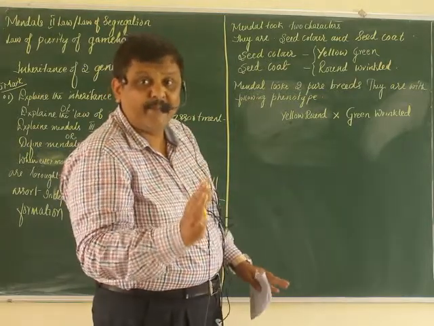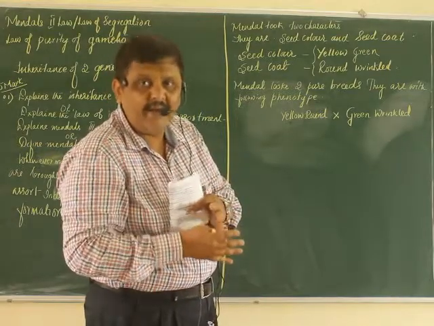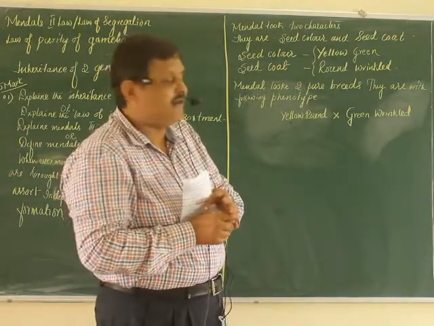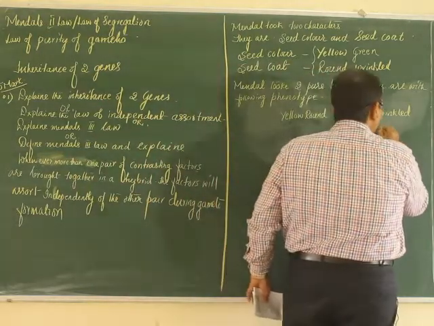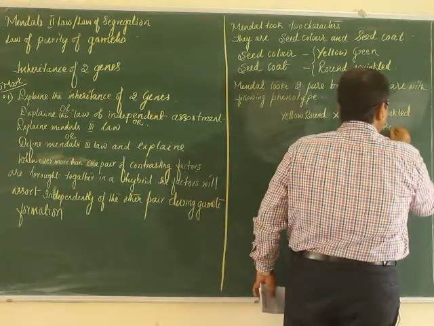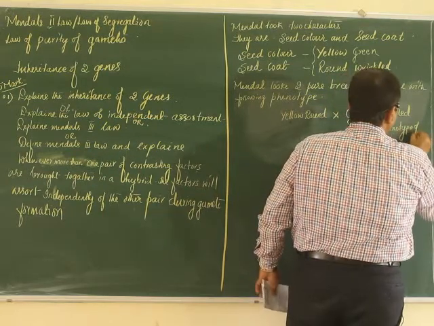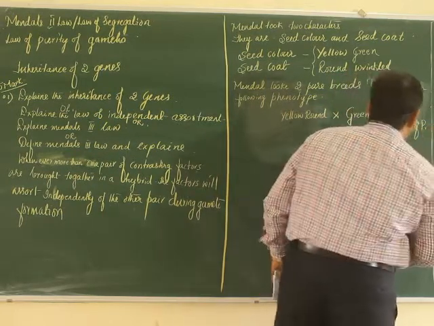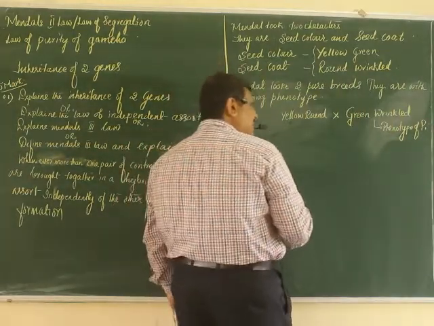I will be very happy if you have a doubt and if you want to clarify it, don't hesitate. You can ask. So this is the phenotype of P1, parental generation.